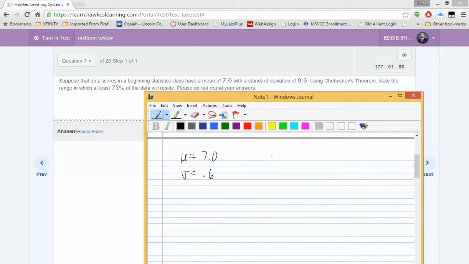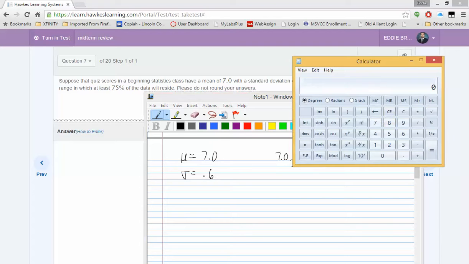We have the mean at 7.0, and if we go 2 standard deviations above the mean, you simply add 0.6 twice to get the upper range number.